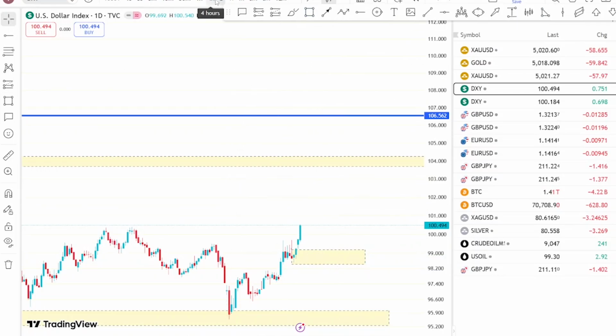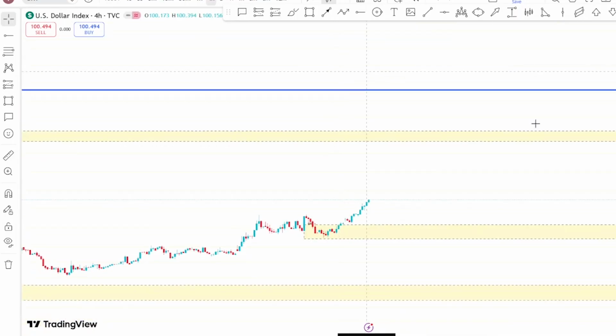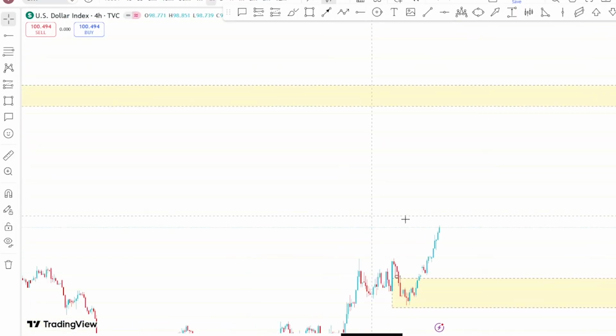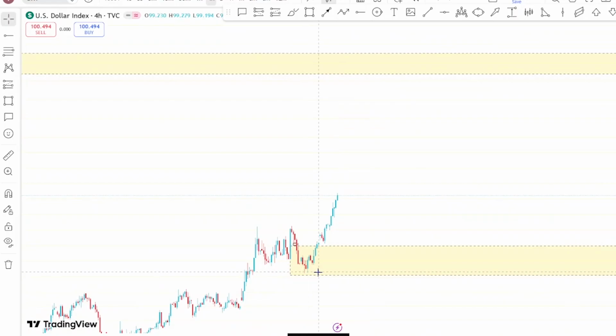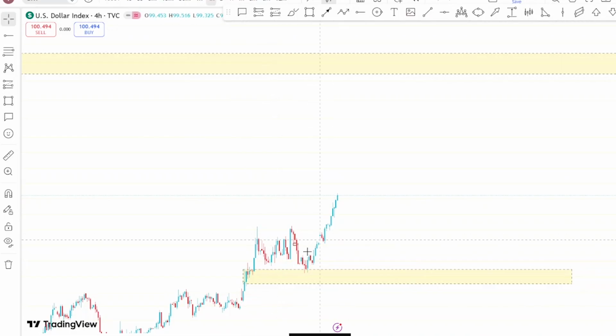This is daily time frame. Checking from 4 hour time frame, you can see that this area was balanced from this one, and we have this area, demand. And also from the high, we have this area.